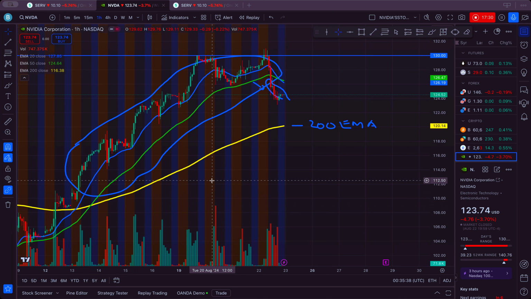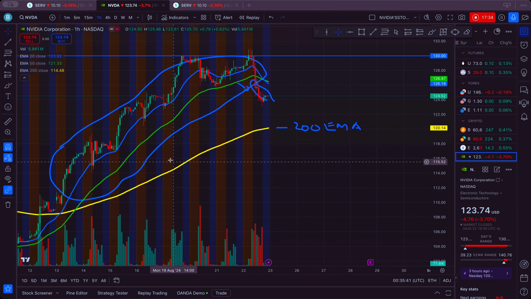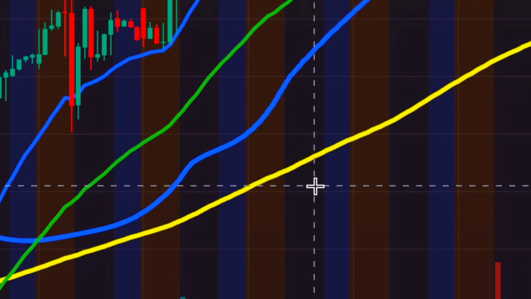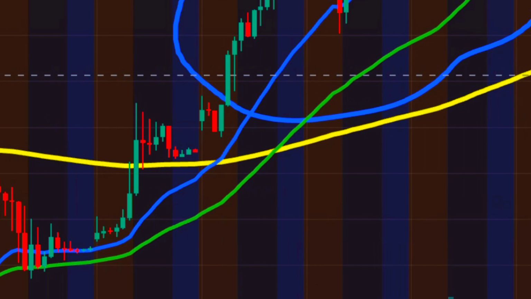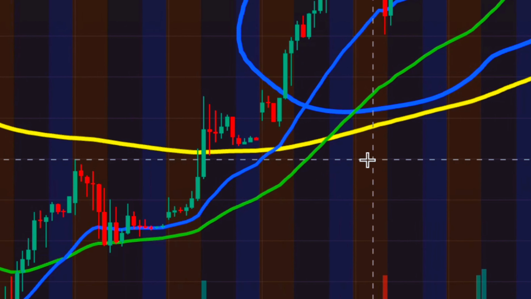Okay, so now let's talk about the crossover. We have defined the three EMAs that we have here, the 20, 50, and the 200. We have given their significance and meaning. Now, let's talk about the crossover. A crossover occurs when one EMA crosses above or below another, right? They are all moving.